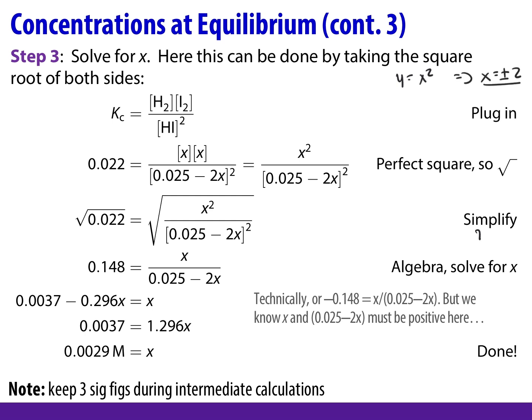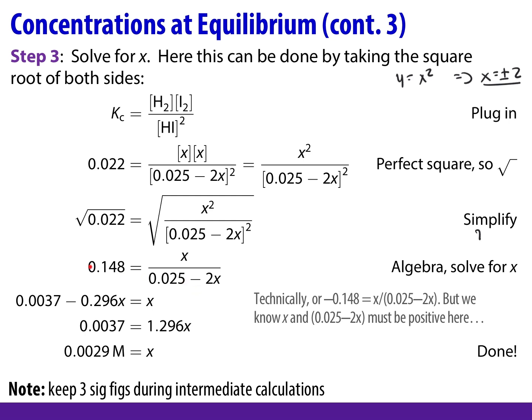So technically, when you take the square root, we can't assume that it's just the positive one. In this case, though, that's okay because we know that x has to be positive based on our ICE table. Since we start with none of the products, x does have to be positive, and so this is going to be the correct root.